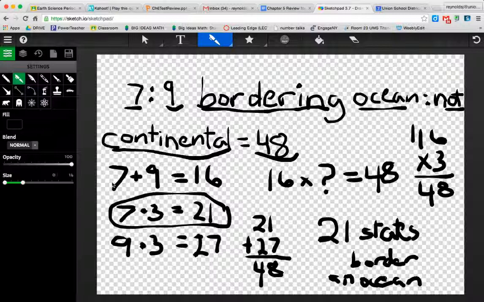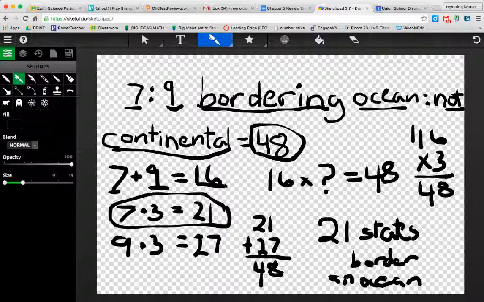Okay, so to find out, this is a part-to-part ratio, by the way, and we have a target whole here, which is 48. So our two parts of our ratio are 7 and 9, so we need to add them together, 7 plus 9, to get 16 as the whole version of our ratio.